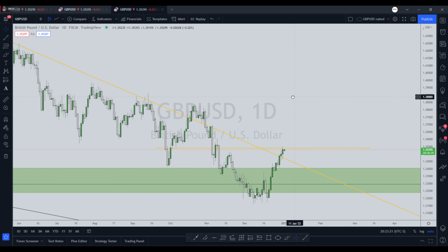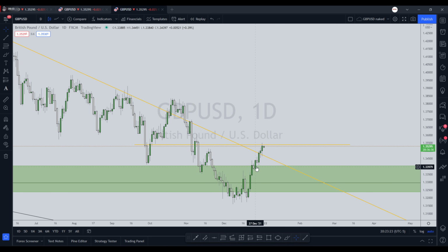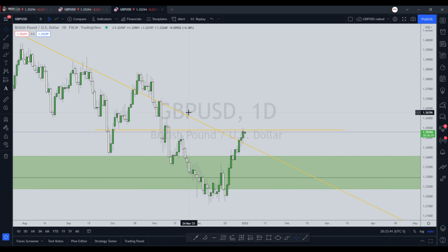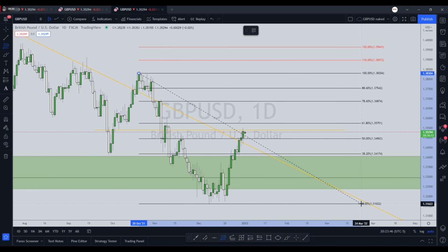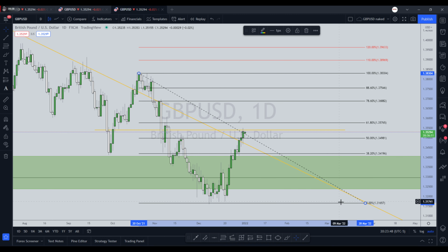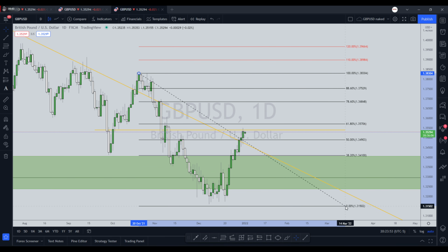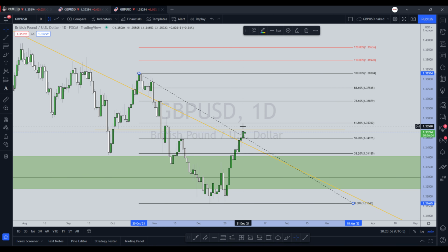For instance, in order for that market to go actually bullish, it has to create a higher low on a daily at least, and also it has to break a structure, like a 38.2 at least structure, right? So right now we don't have a 38.2 structure yet, and we're still waiting on that.